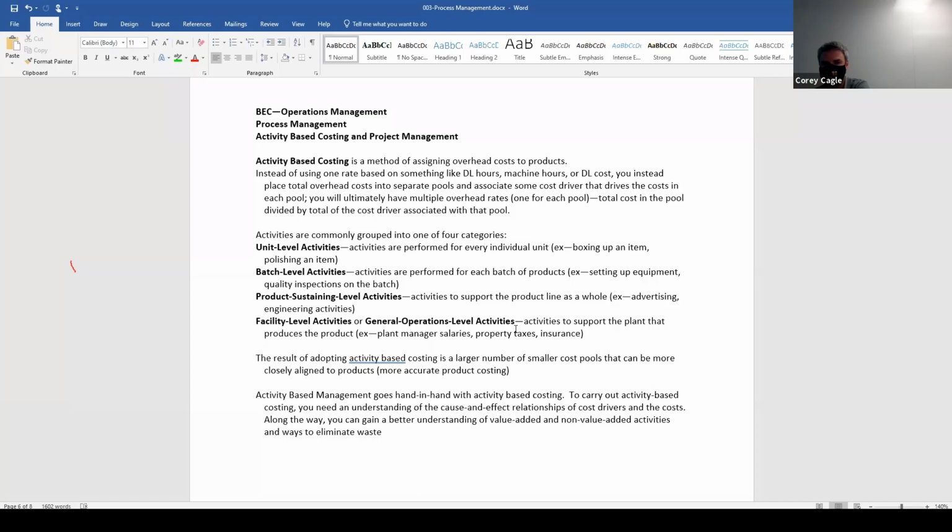Here's a pool that results from this driver. You know, the number of setups of the machines, the more setups that product A has to do, it incurs more of this cost, right? So you're going to have multiple cost pools, multiple different cost drivers, and ultimately a whole bunch of different overhead rates based on a whole bunch of different drivers.